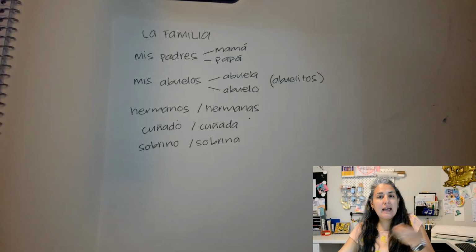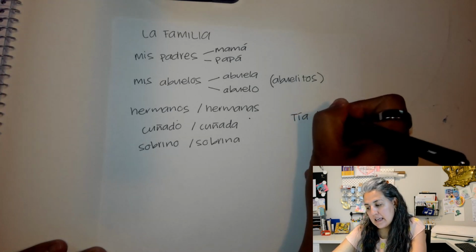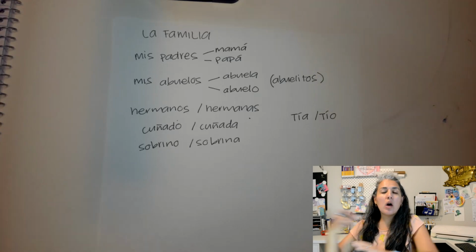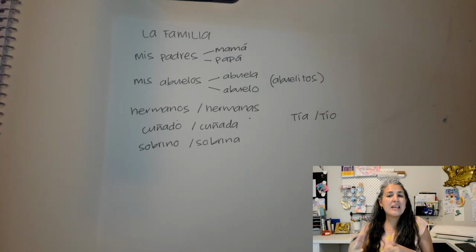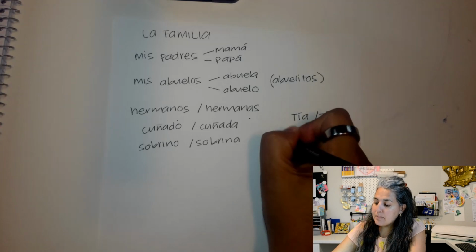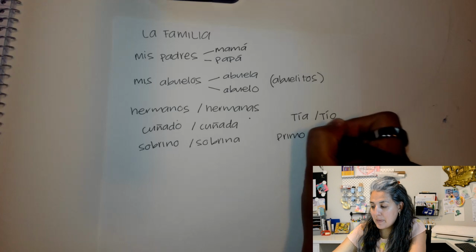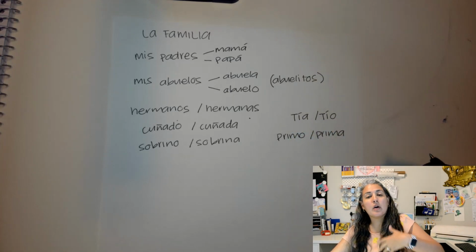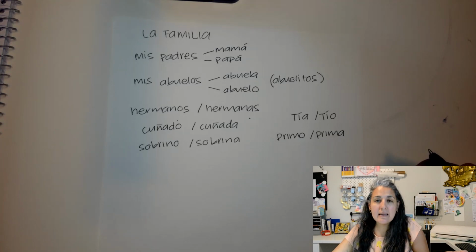Now, aunt and uncle, tía y tío. Or if it's both, it's tíos. So we always go with the masculine form to make it plural. We just add an S, but we take the masculine form. Primo, cousin. Prima, girl cousin. If you want to talk about a group of cousins, mixed of girls and boys, primos.